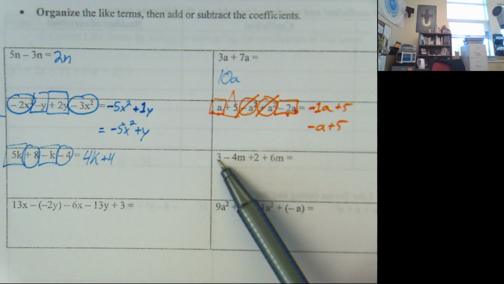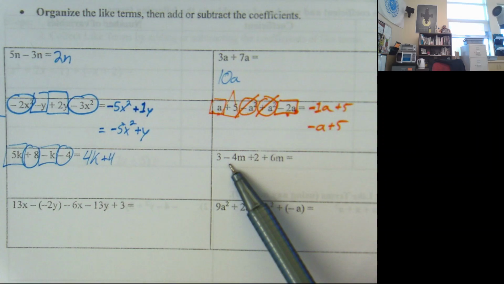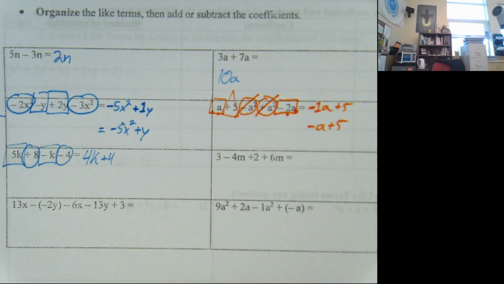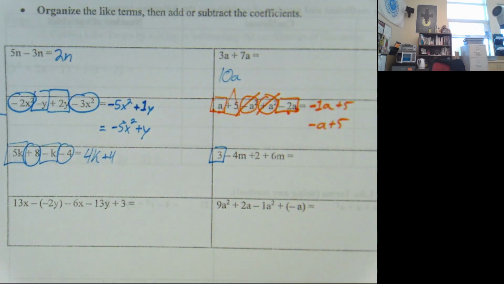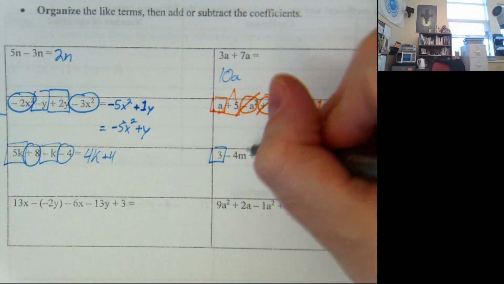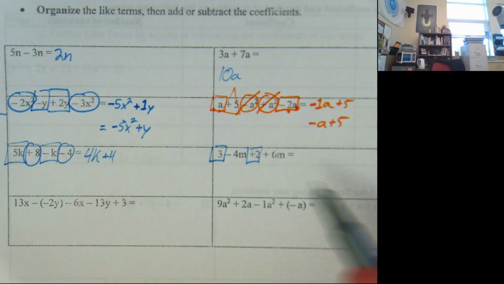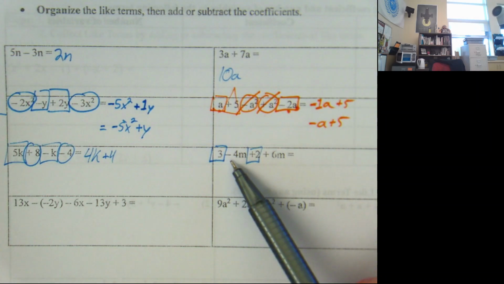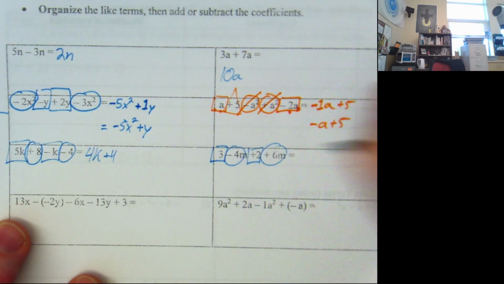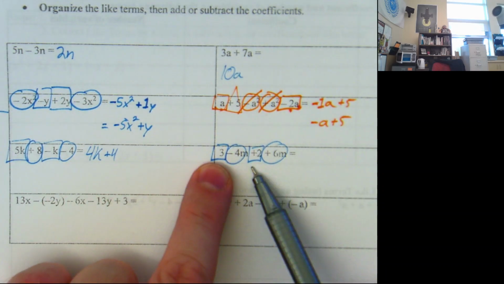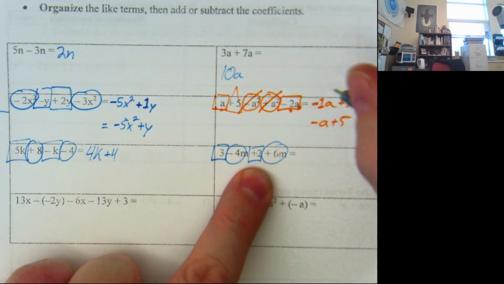Okay, I have 3 minus 4m plus 2 plus 6m. Slow down, Ethan. What is like with the 3? The positive 2. Fantastic. Then my next thing that doesn't have a buddy yet is negative 4m. Do I have any like terms there? Yeah, 6m. The negative 4m and the positive 6m. So let's group them. What's 3 plus 2? 6. Try again.